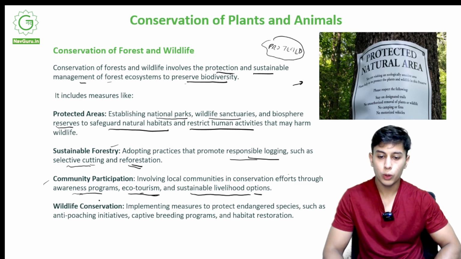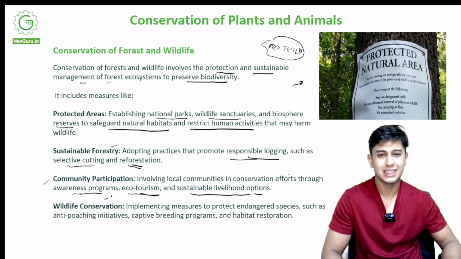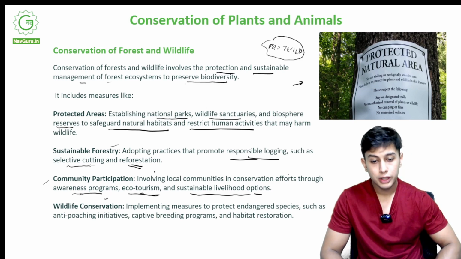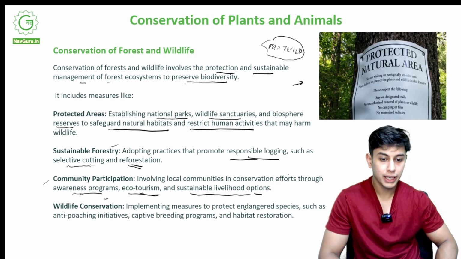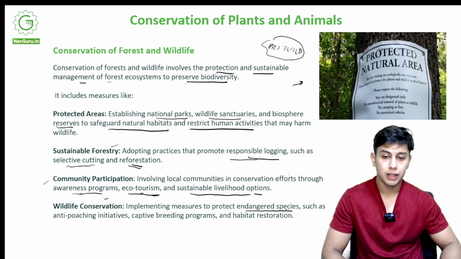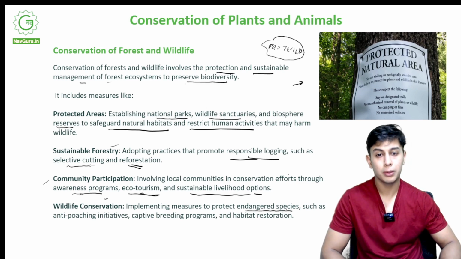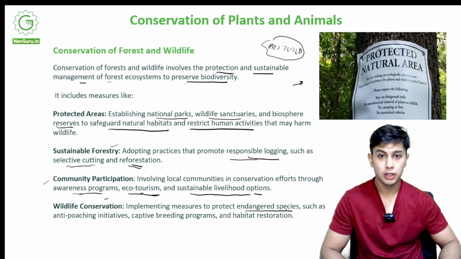Wildlife conservation. Now what is wildlife? Wildlife is the natural birds, animals, insects and all those living organisms that are living in the forest. So implementing measures to protect endangered species. What are endangered species? Those that have a threat to them. Okay, when I call a species endangered, it means I should do something about the decreasing population, otherwise they become extinct.